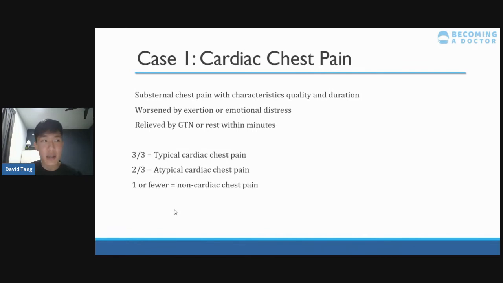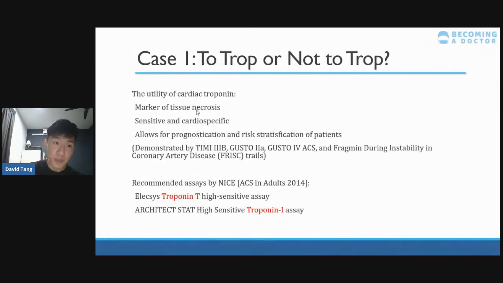And when you examine, it hurts. So basically, it's a musculoskeletal pain. When you have this sort of structure in your mind, you're able to stratify which patient you have to pay extra attention to, because potentially it could be a cardiac event, and which other patients you can be slightly reassured have a more benign disease course.